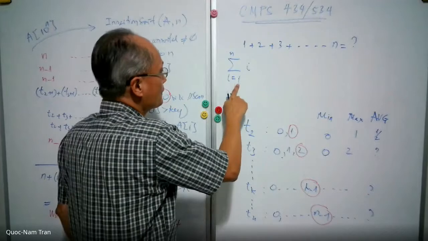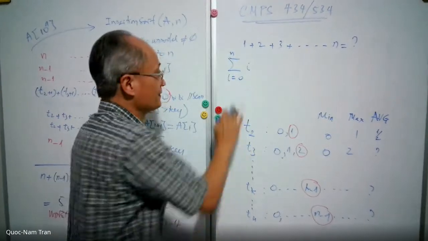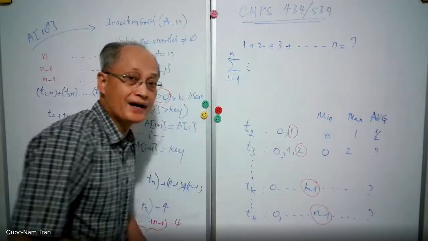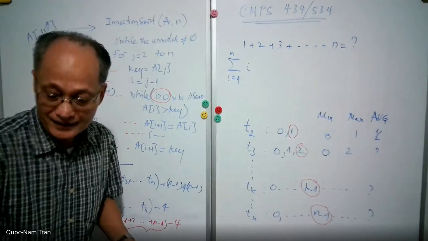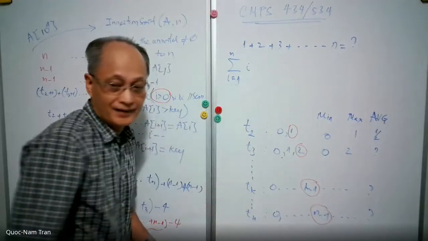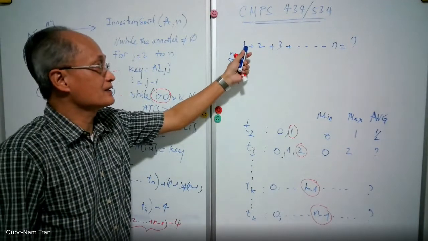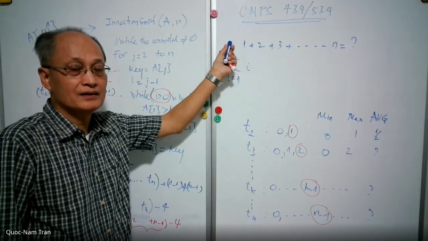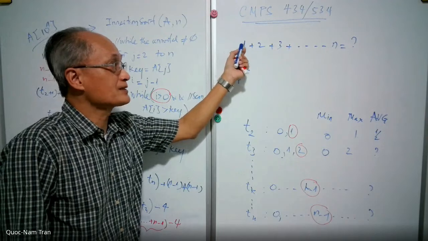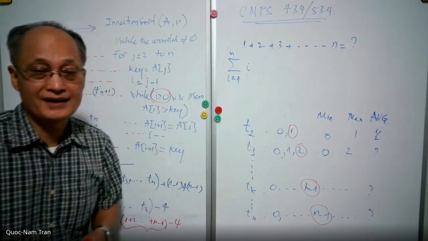Sometimes you also have it from 0, okay? 1 or 0, we can deal with them both. In fact, in this situation, if you add 0, the sum will not change, because 0 plus something is still something. So what is this sum?